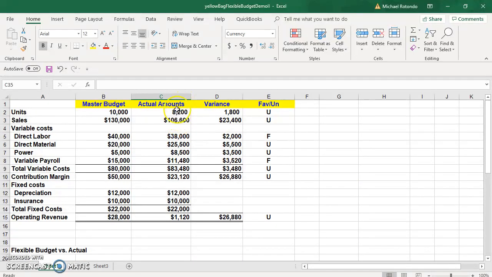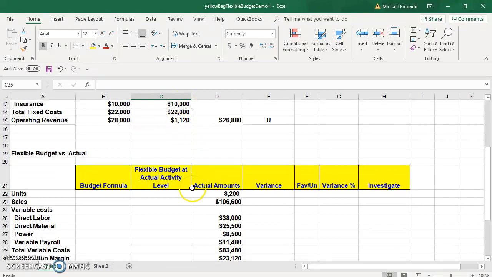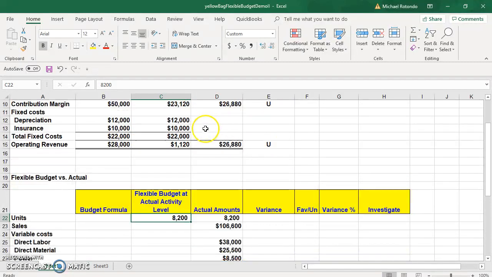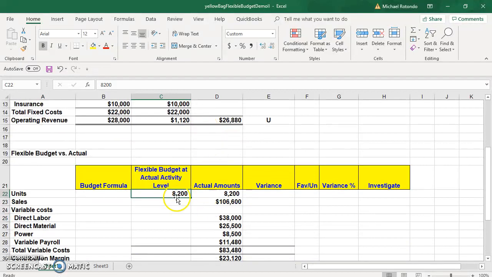So basically, we're going to say that we have 8,200 units. And again, this is one of the purposes of a flexible budget, to eliminate sales volume as a variance. And we're going to assume that we stuck to the sales price we had in the budget. So we're going to say that our sales are 106,600.